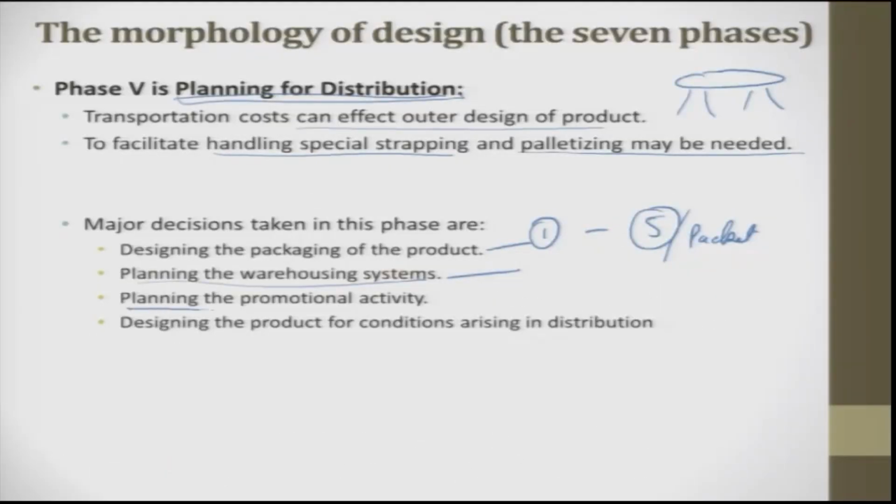Next is promotional activities. Promotional activities are very important. Take education as a business, college as a product, institution as a product. For this product, the customer comes only once in a year. People join school or college only in June, July, whatever the season is, only once in a year.